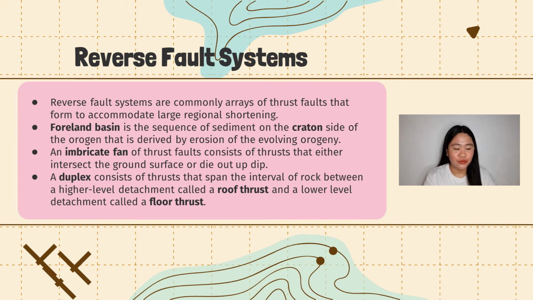An imbricate fan of thrust faults consists of thrusts that either intersect the ground surface or die out upward, whereas a duplex consists of thrusts that span the interval of rock between a higher level detachment called a roof thrust and a lower level detachment called a floor thrust.